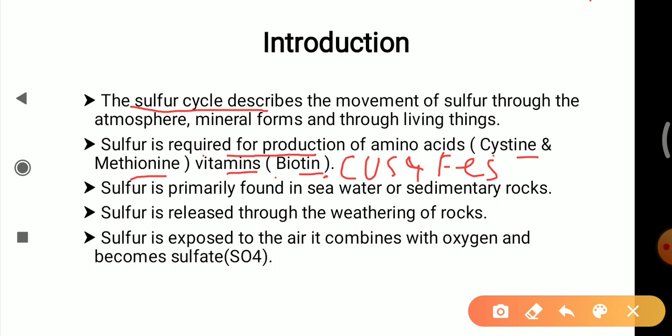The presence of sulfur in proteins, amino acids, vitamins, and enzymes is necessary for plants and animals. So sulfur is an essential nutrient for plants and animals. In soil, sulfur enters in the form of plant residues, animal waste, fertilizer, and rain.